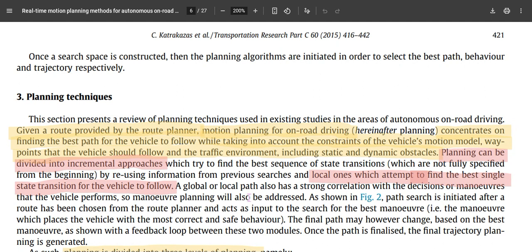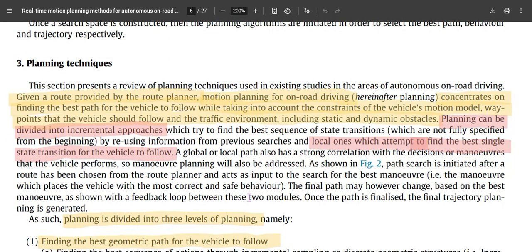So I recommend this paper only for understanding the different terminologies involved in autonomous navigation, but for a complete, thorough understanding, I refer you to other papers which I may cover in future videos.